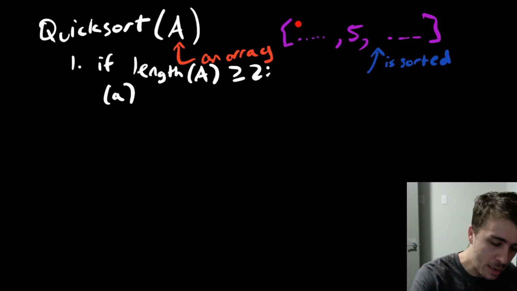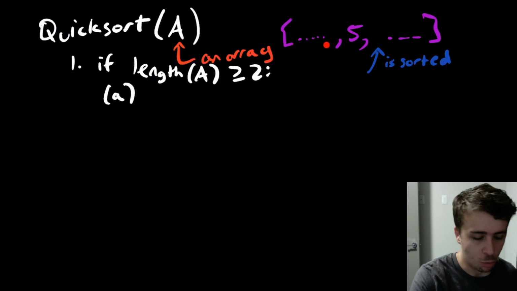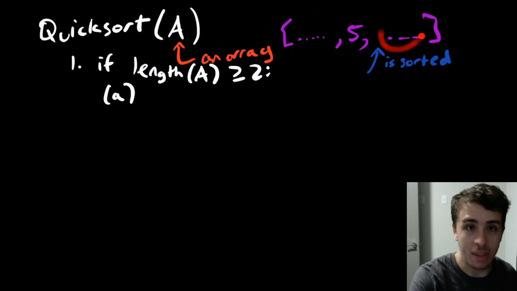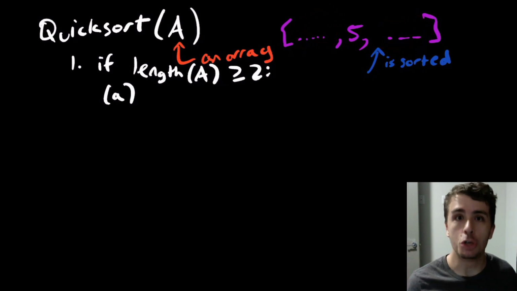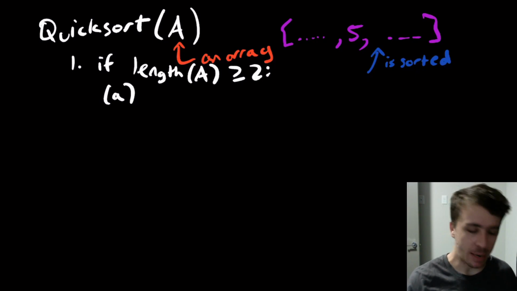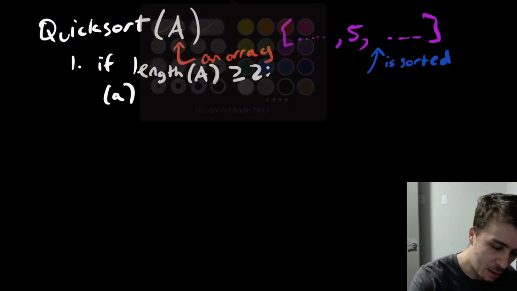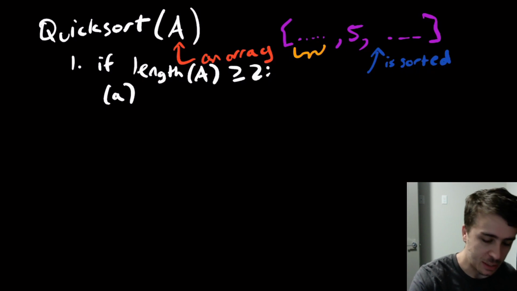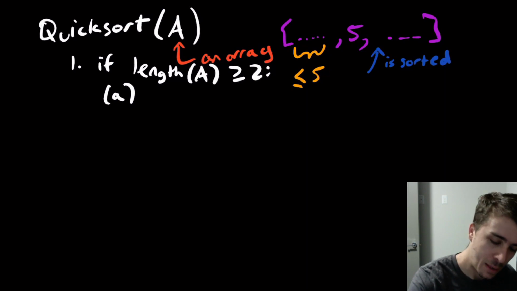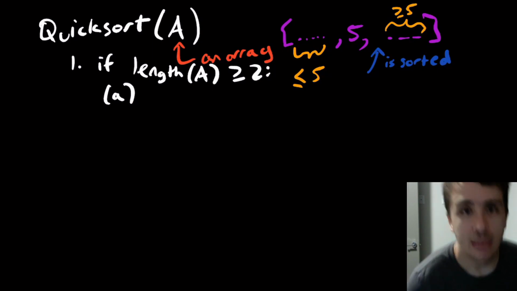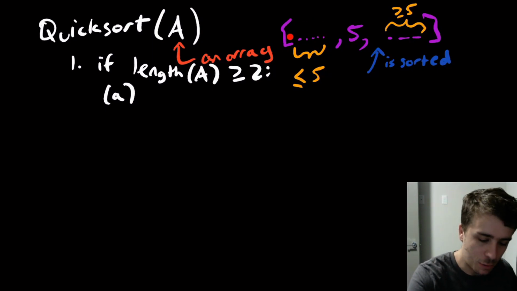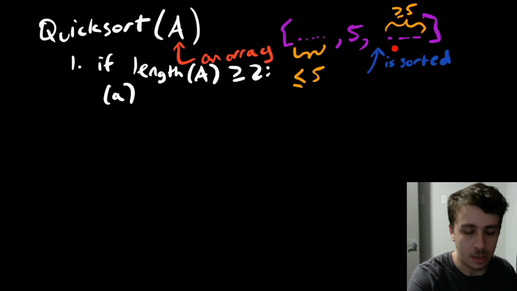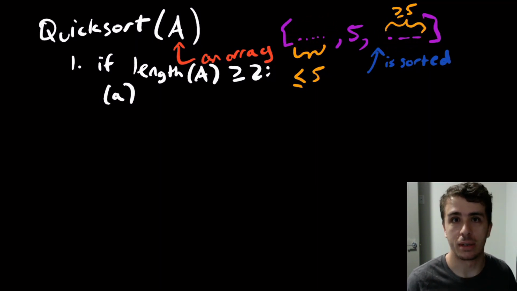We don't know just by looking at this what these elements are, but what we can tell is that all of the elements on the left side are smaller or equal to 5, and all of the elements over here are going to be at least 5. It can't be the case that something over here is bigger than 5 and something over here is smaller, because the array is sorted.